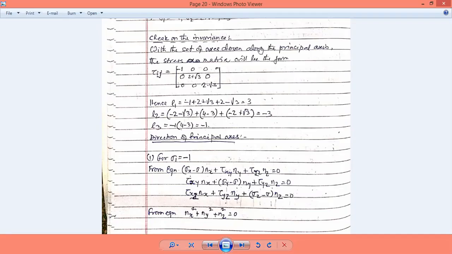And we have to find, if the coordinate axis changes but the initial sigma x, sigma y, sigma z doesn't change, then the effect of change in coordinate axis will not change the values of L1, L2, and L3, and they remain the same.